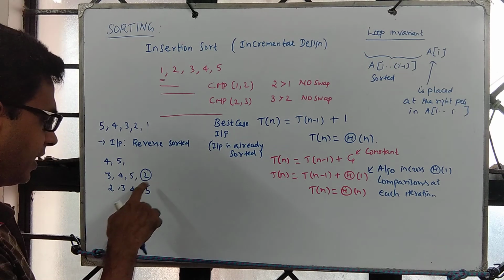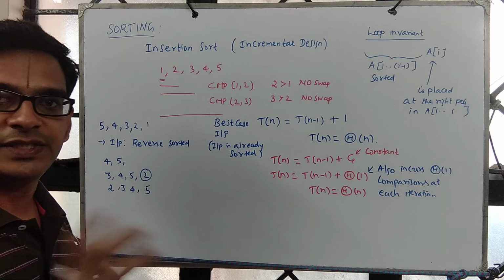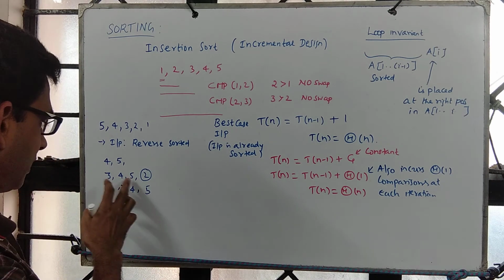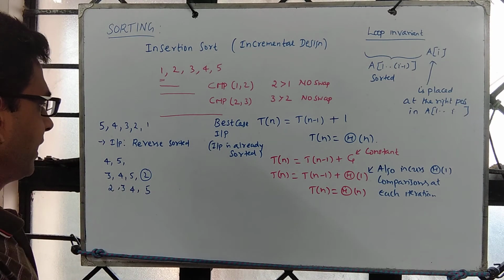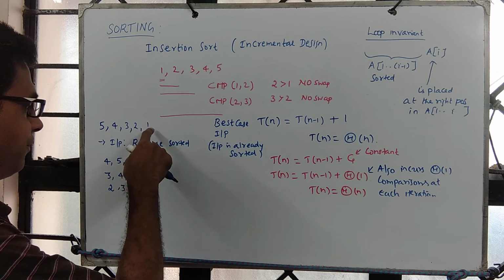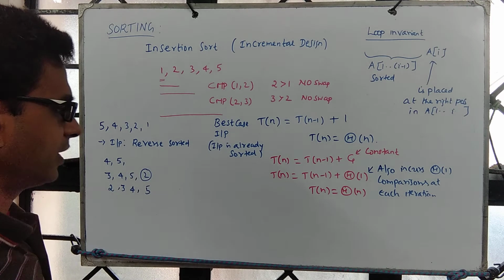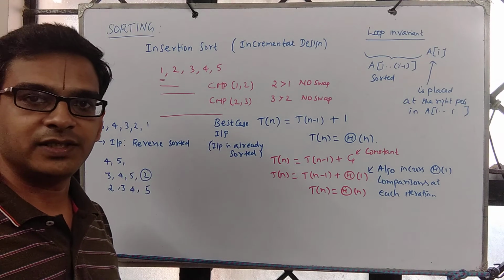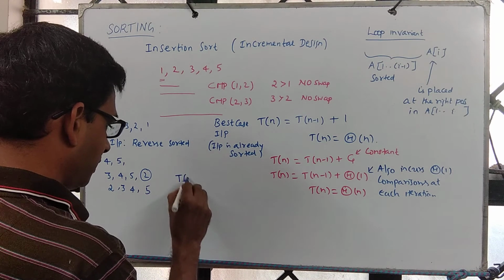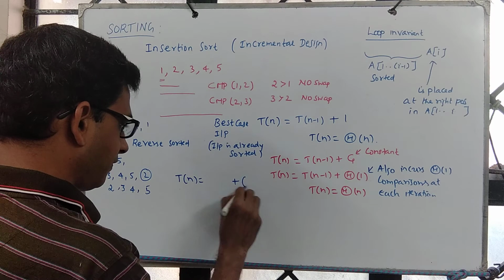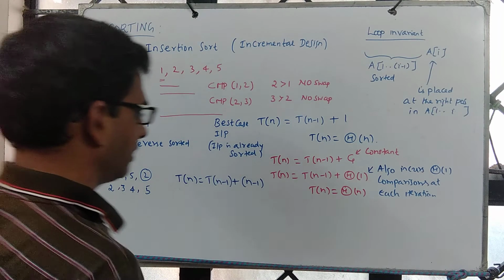So you see that the ith element is compared with all other elements to its left, so 1 to i minus 1. If you look at the nth element, we compare it with all of them. That's n minus 1 comparisons, and we focus on the rest of the array. So in the worst case scenario, we incur n minus 1 comparisons and we sort the rest of them.